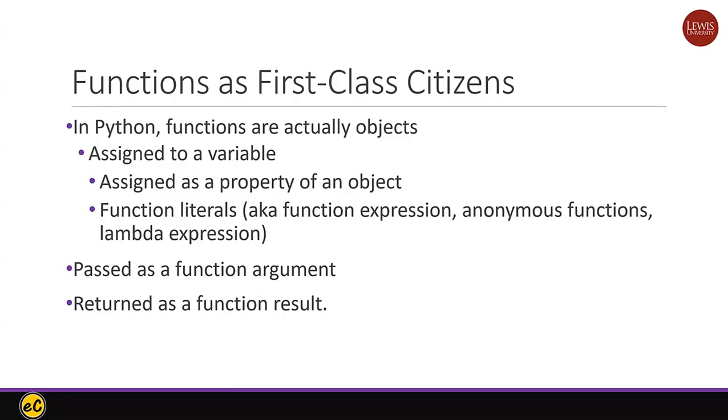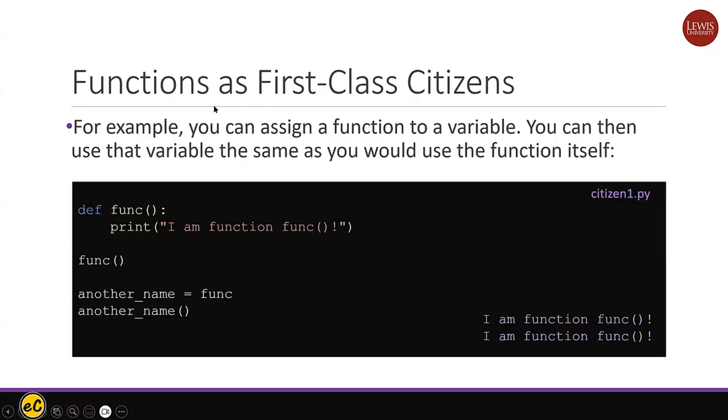They can be passed as a function argument and returned as a function result. So a function can be everywhere. Here are examples. You can do a function call, and the function can be assigned to a variable. It is an object by itself.